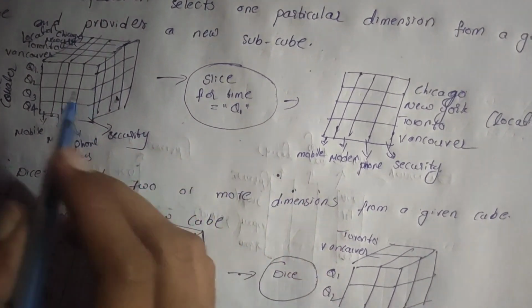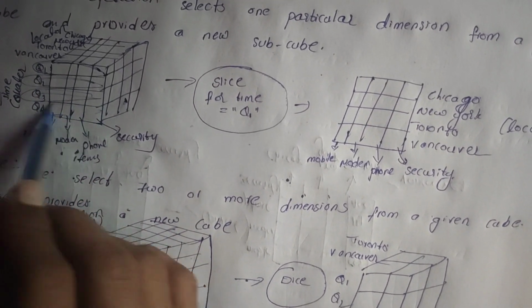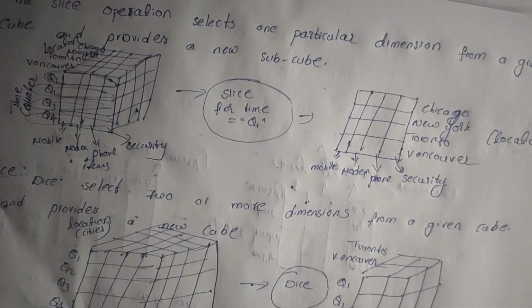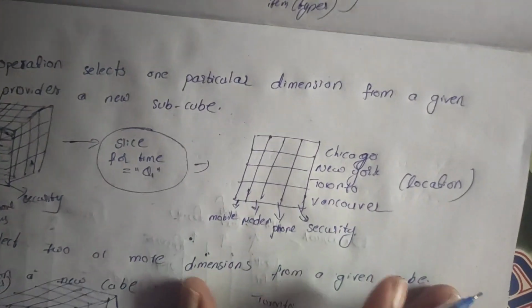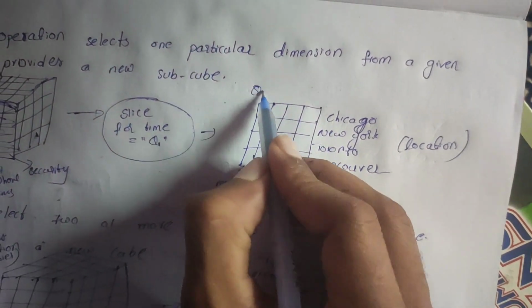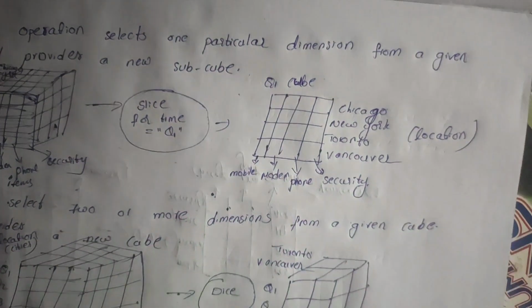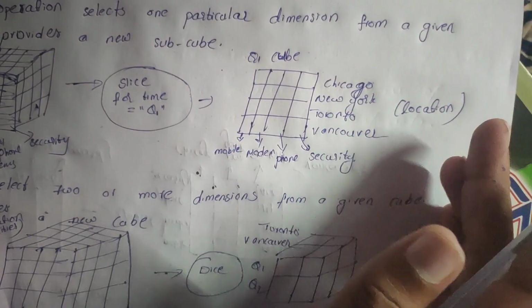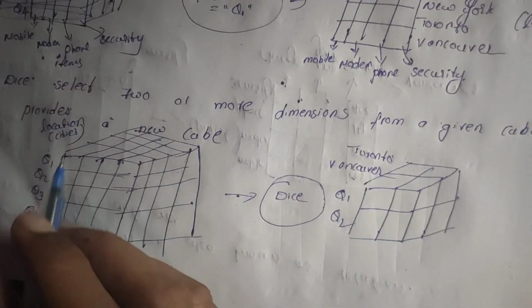It can consider only one of them. When we perform the slice operation on Q1, we get the Q1 cube. It selects only one particular dimension; this is called slice.